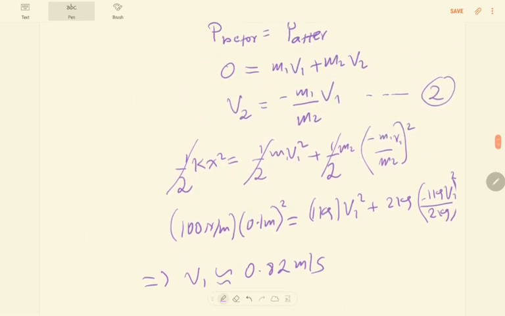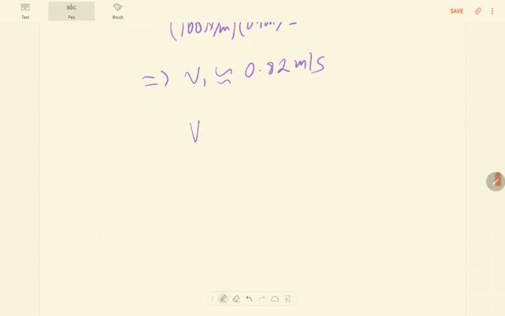v2 is minus m1 over m2 times v1. In fact, mass 1 is 1 kilogram, mass 2 is 2 kilograms, so v2 is approximately 0.41 meter per second.